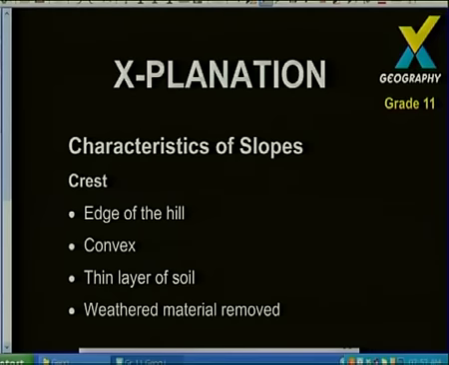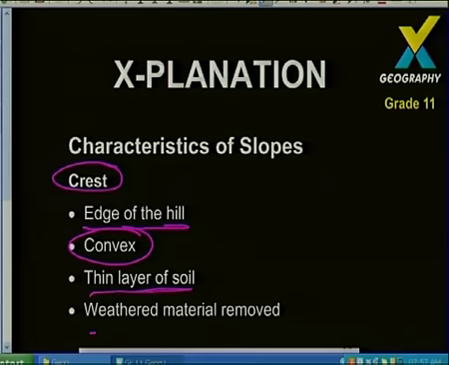Let's look at characteristics of each type of slope element. The first and uppermost of all slope elements is your crest. Remember the following. It is at the edge of the hill. It is convex. It has a thin layer of soil, and all weathered material is removed.